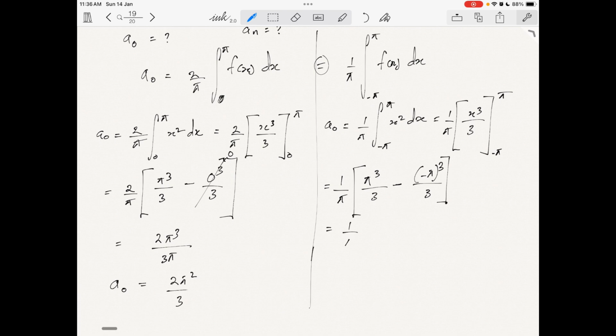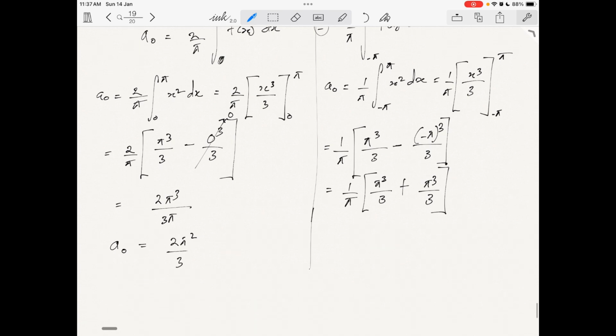Minus minus turns to plus, so we have 1 over pi times 2 pi cubed over 3, that's 2 pi cubed over 3 pi.